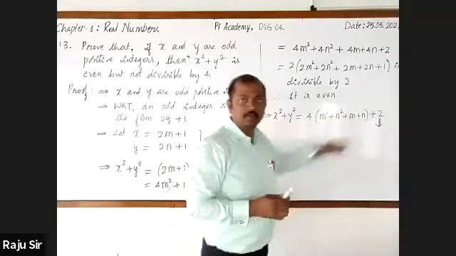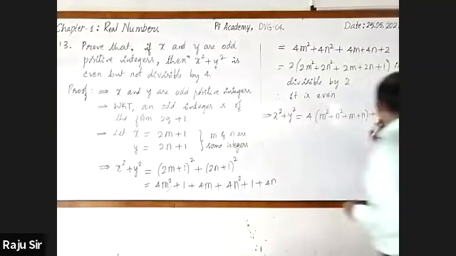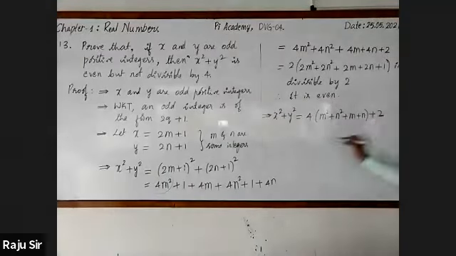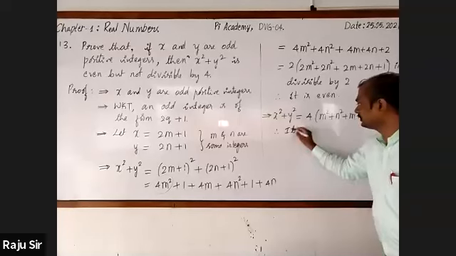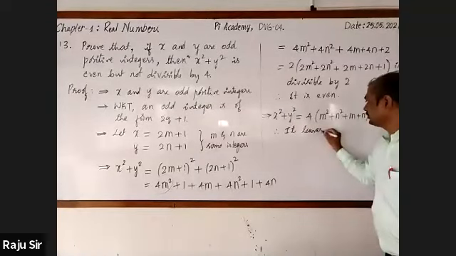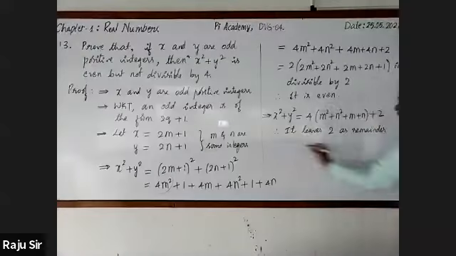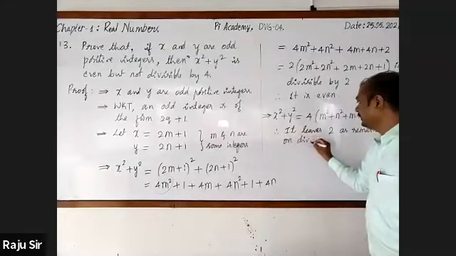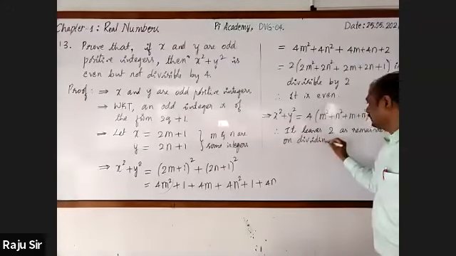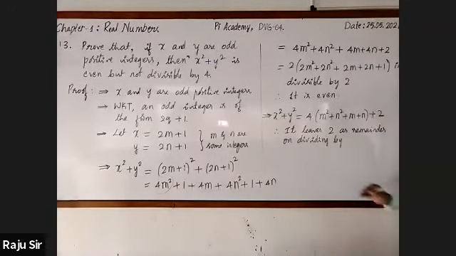Clear? From this, therefore, it leaves 2 as remainder on dividing by 4.